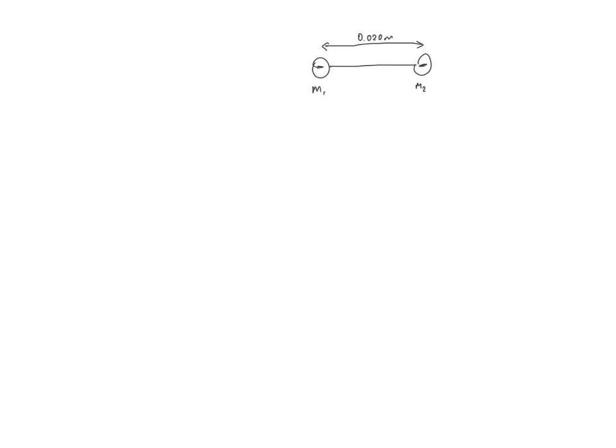So the first thing we want to do is calculate the ratio of Fe, the electrostatic force, to Fg, the universal gravitational force between the two objects. So we can write them as K Q1 Q2 over R squared divided by G M1 M2 over R squared.